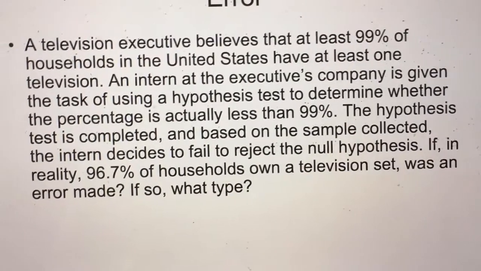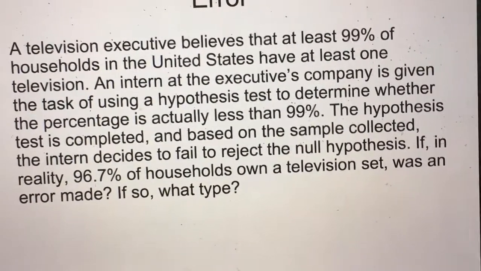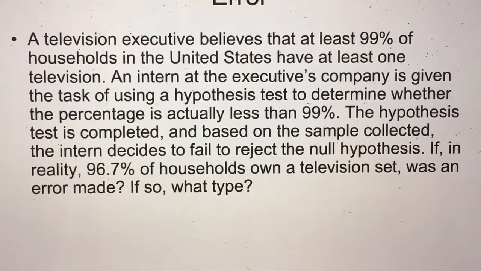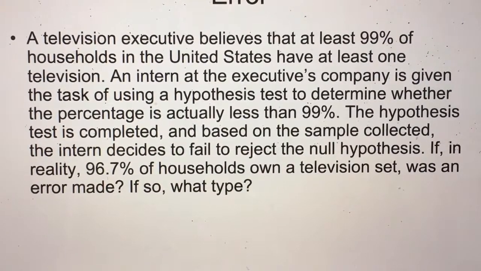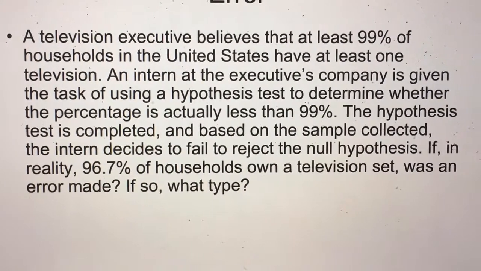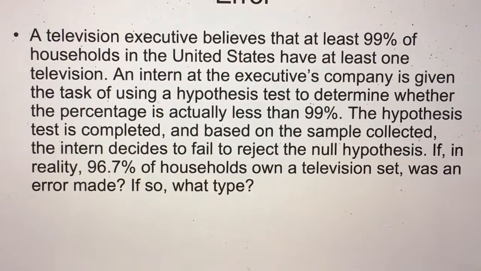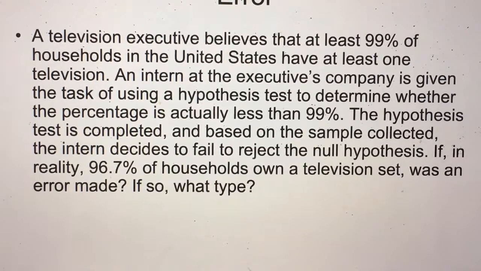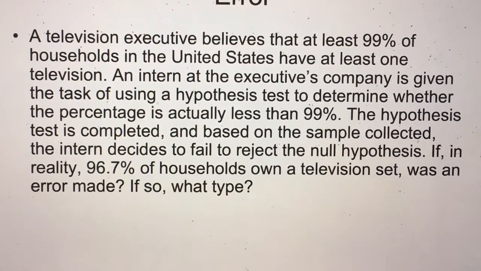Again, this one is determining the type of error. A television executive believes that at least 99% of households in the United States have at least one television. An intern in the executive's company is given the task of using a hypothesis test to determine whether the percentage is actually less than 99%.